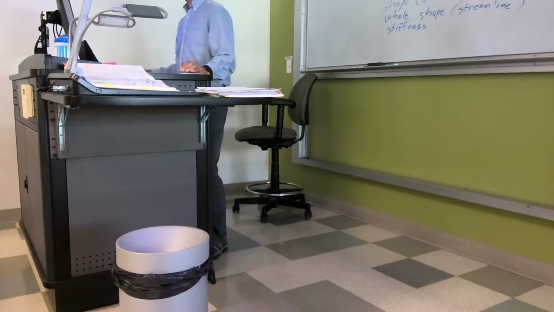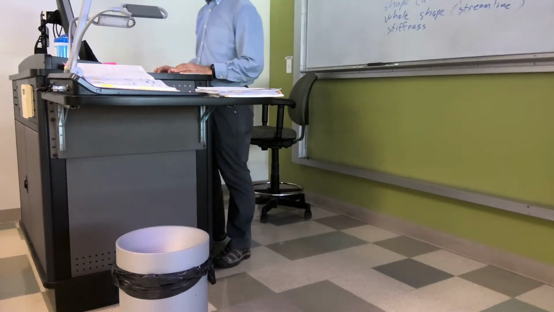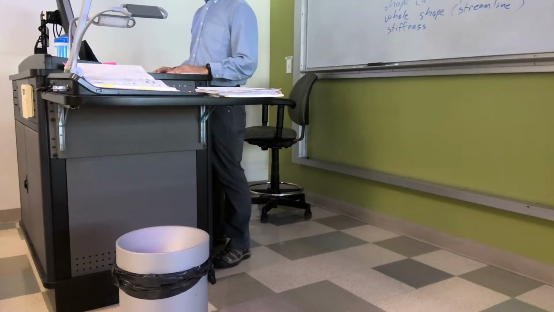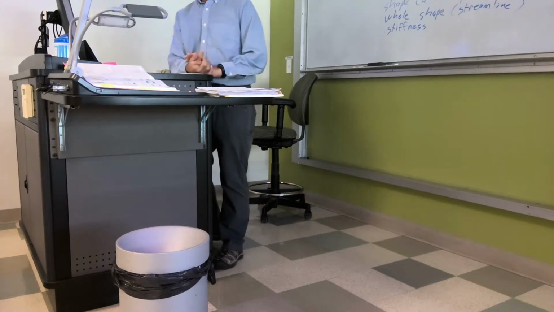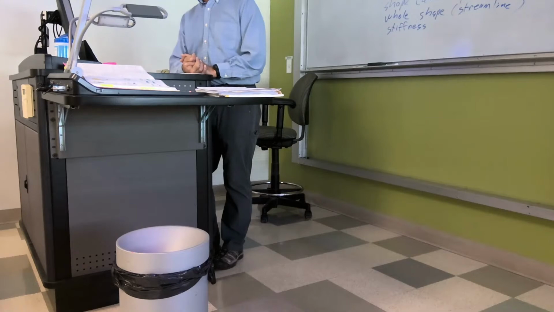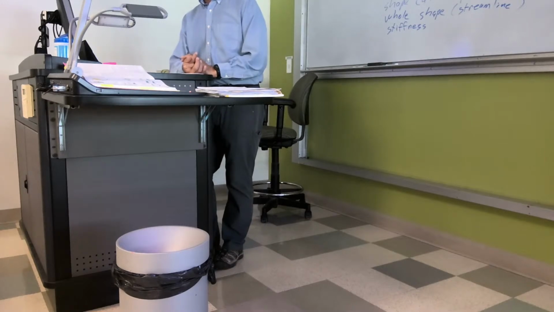Before next time, please look at figures 9.9 and 9.10 in your book. And hopefully, you'll get a good intuitive feel for some of the different types of swimming and how they're characterized by what is actually propelling the fish.